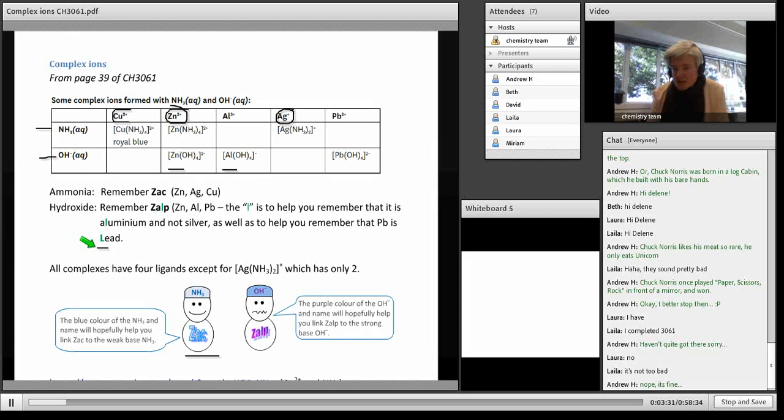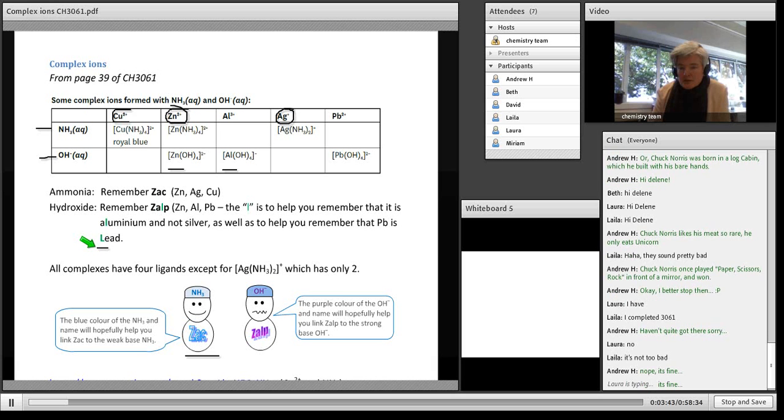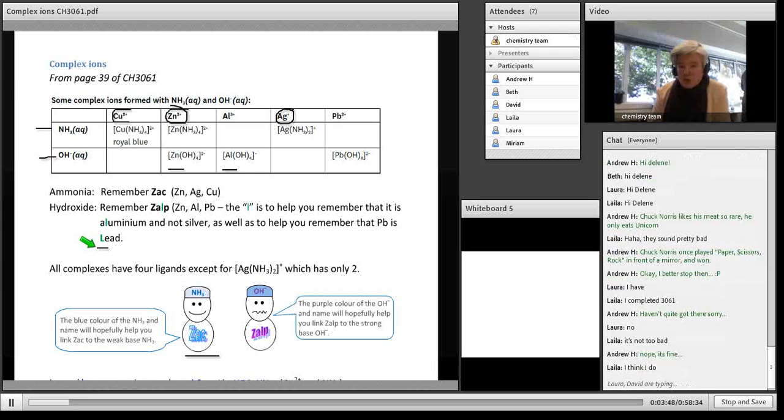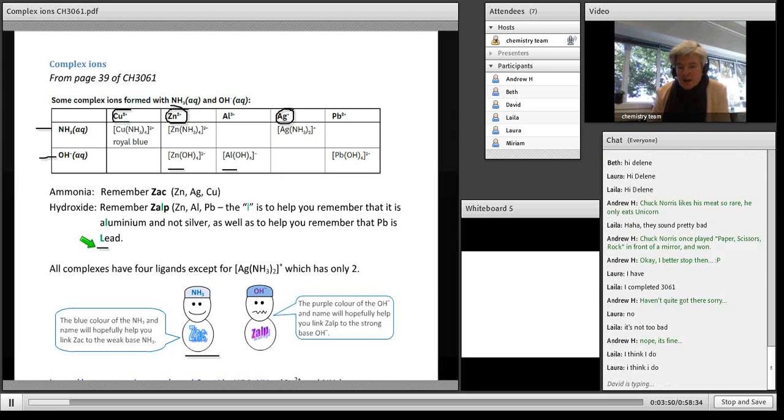So I hope that's going to help you remember which complex ions you have to remember for ammonia and which ones for hydroxide. Who knows their complex ions? Either because you've done the booklet and you've learned things off by heart already, or because you did the standard last year and you've learned them last year.